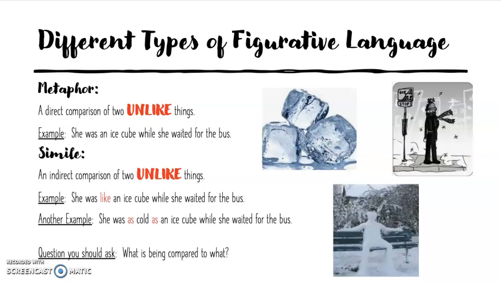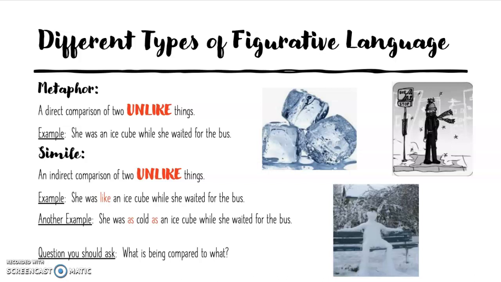All right, so we're going to start with metaphor and simile, which I'm sure you've heard of. This is review. Metaphors are a direct comparison, whereas similes are indirect comparisons. And what you do is you're comparing two very unlike things that are very different from each other. Okay, so sometimes you are going to be comparing things that are alike.